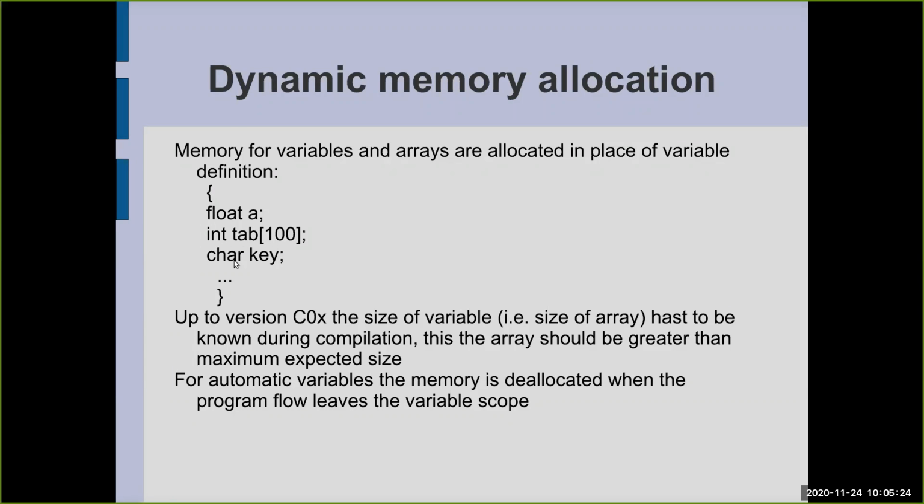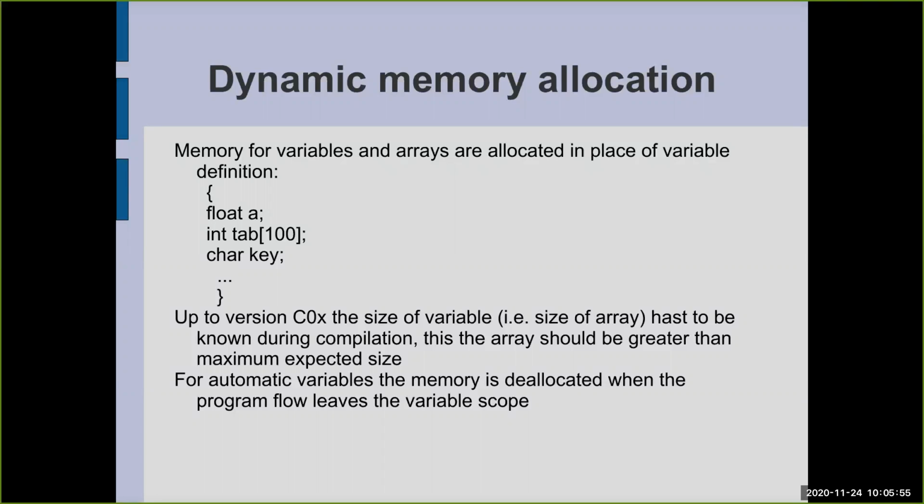What else? Let's try to think that I have array of 100 elements, but because of some requirements, I need, okay, not 100, but 101. And what should be done? In this case, I should modify my code and recompile my program.